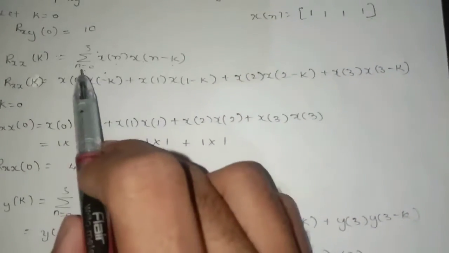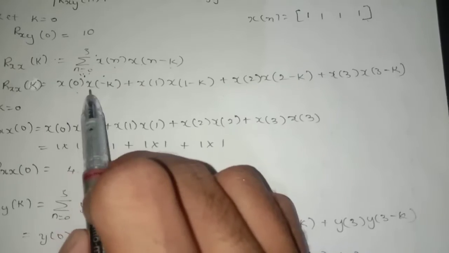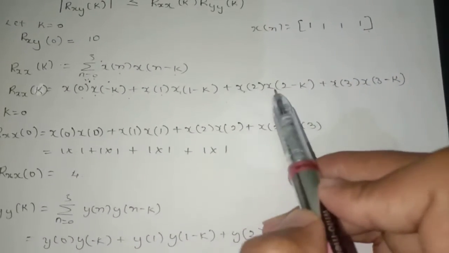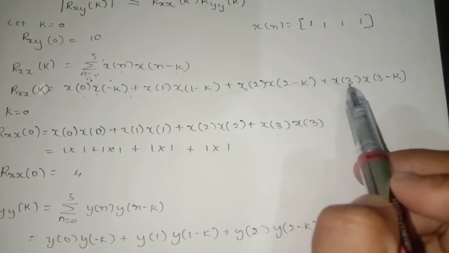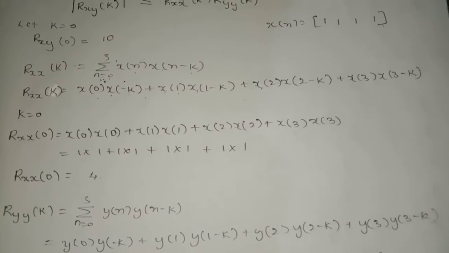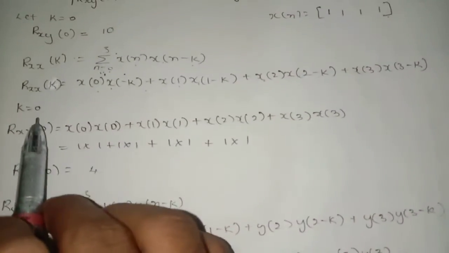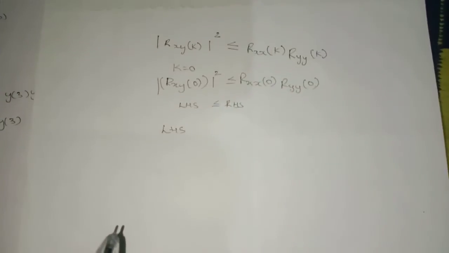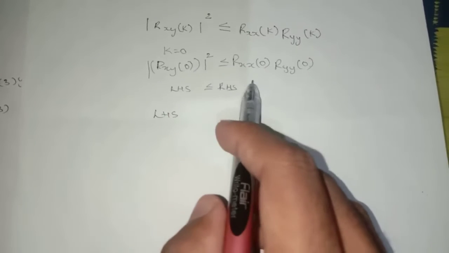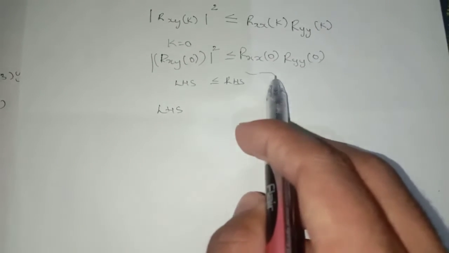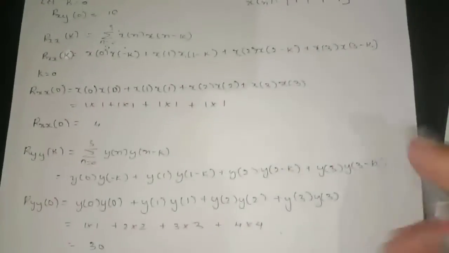So substituting the values of n, we get x of 0 x of minus k plus x of 1 x of 1 minus k plus x of 2 x of 2 minus k plus x of 3 x of 3 minus k. The same procedure goes like we did for the cross correlation. As we only require rxx of 0 and ryy of 0, let's tabulate only for k equals 0 here.